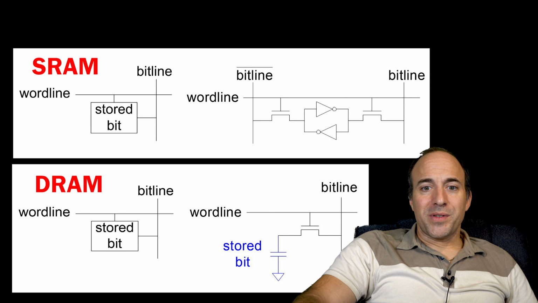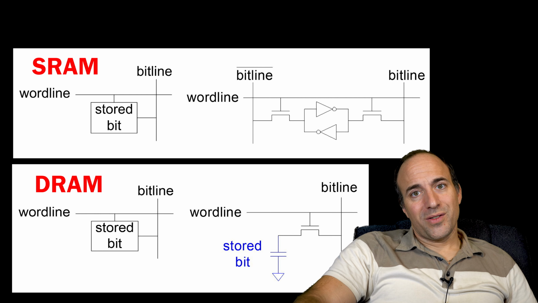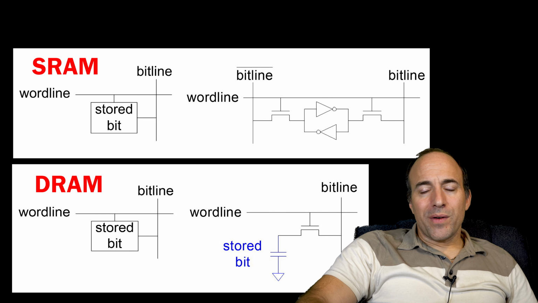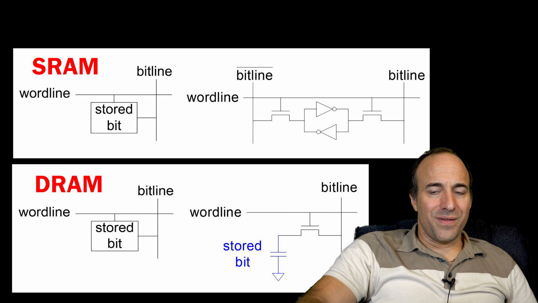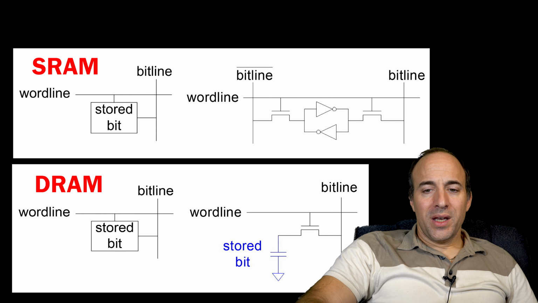Because an SRAM cell requires 6 transistors, and a DRAM cell contains only 1 transistor, DRAM is cheaper and denser than SRAM. However, this difference doesn't necessarily cause there to be a difference in access time between DRAM and SRAM.